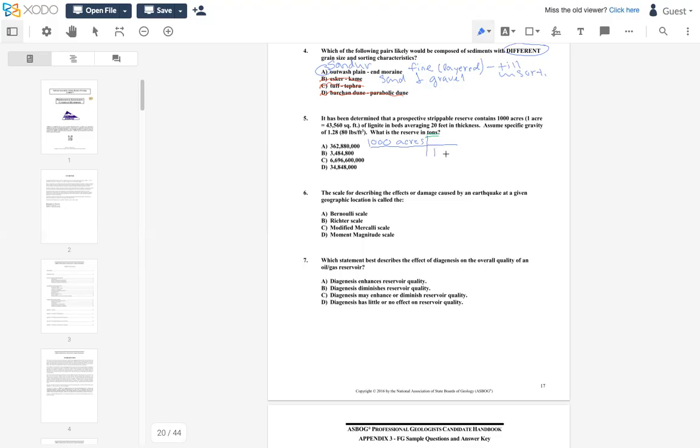So for 1 acre, when I do that math, acres cancels out and I'm left with square feet.